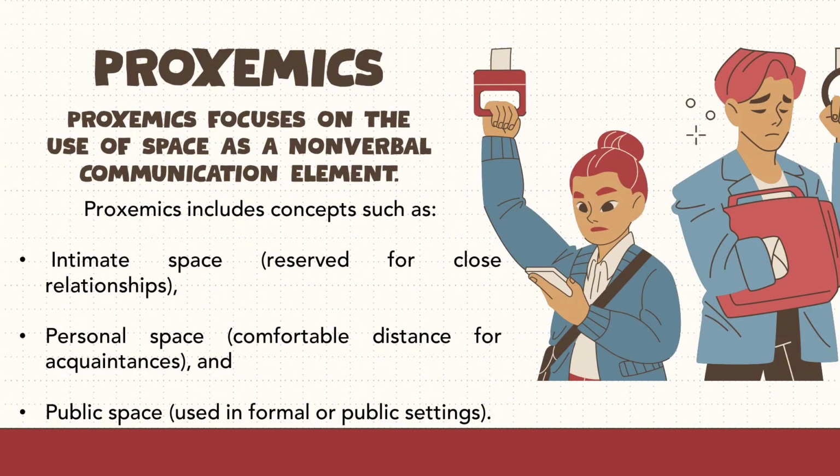The public zone ranges from 12 feet or more from our body, whereas the social zone's distance is from 4 to 12 feet from our body, while the personal zone is from 1.5 to 4 feet away from our body, and the intimate zone ranges from body contact to 1.5 feet away.